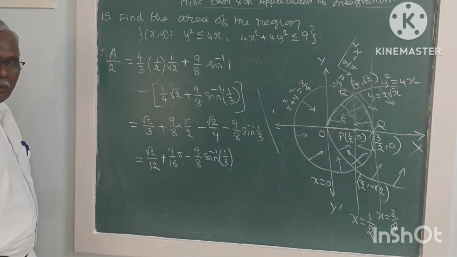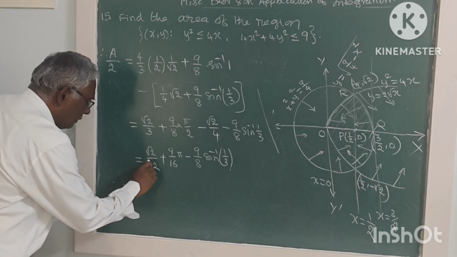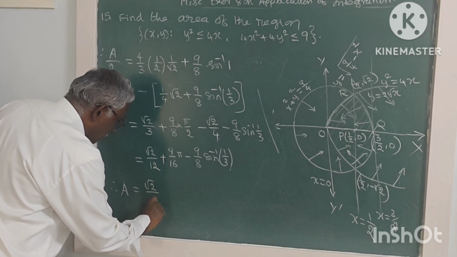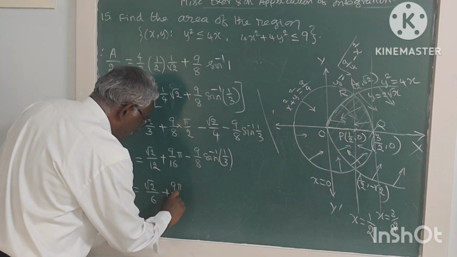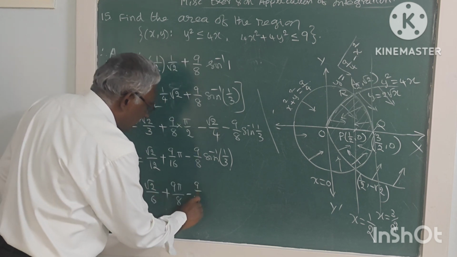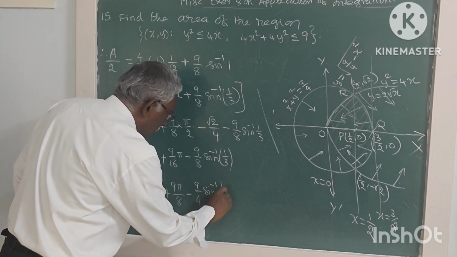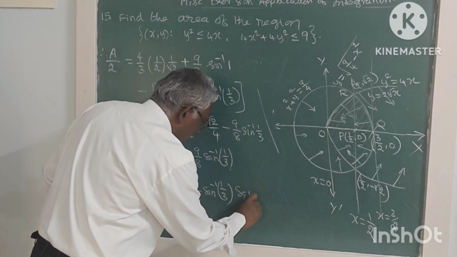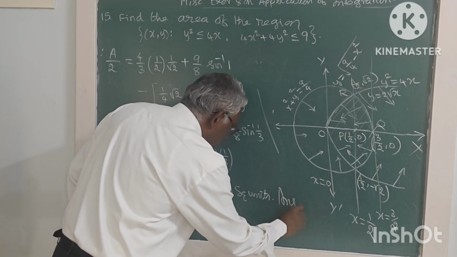Taking the factor 2, this is root 2 by 6, plus 9 pi by 8 minus 9 by 4 times sin inverse 1 by 3 square units. So this is the answer.